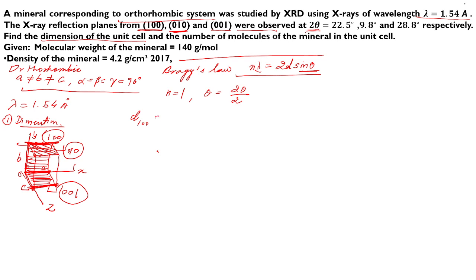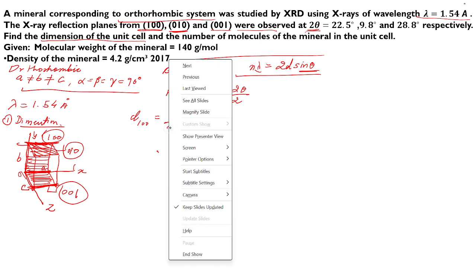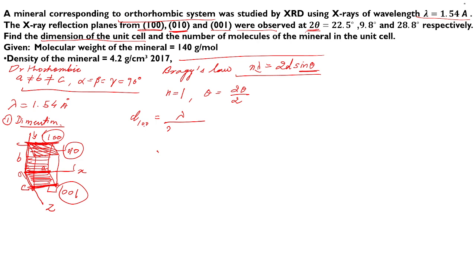d100 is equal to lambda divided by 2 sine theta. Lambda is 1.54 angstrom divided by 2 sine theta.